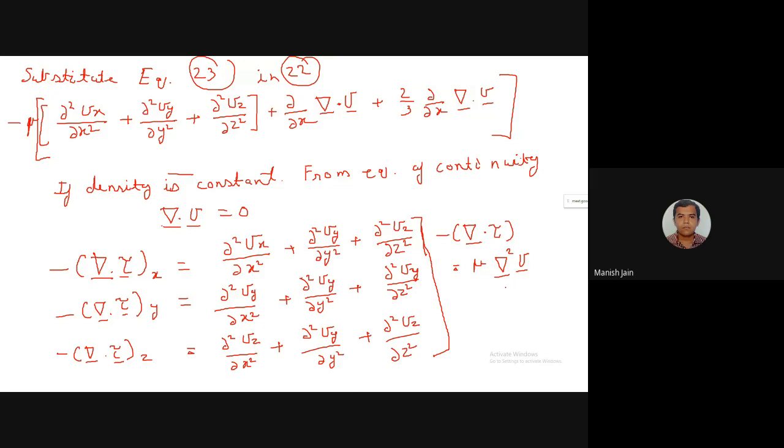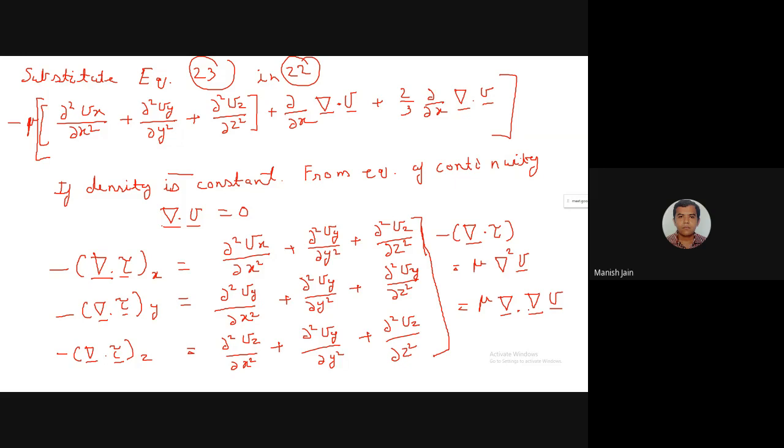Del square is a scalar quantity; del square means del dot del. When you write the del square, that means you are writing mu del dot del v. When you take the dot product, it will become the scalar quantity.